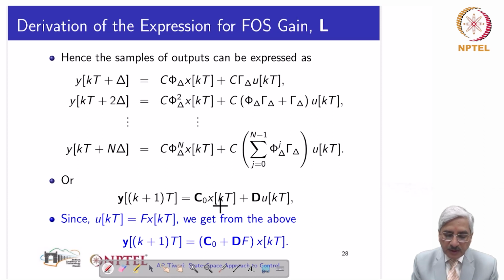And of course, before we do that, we substitute in place of u(kt) f x(kt), and so this becomes C0 x(kt) plus d into f x(kt). When we take x(kt) common on the right, we are left with y(k+1)t equal to C0 plus df.